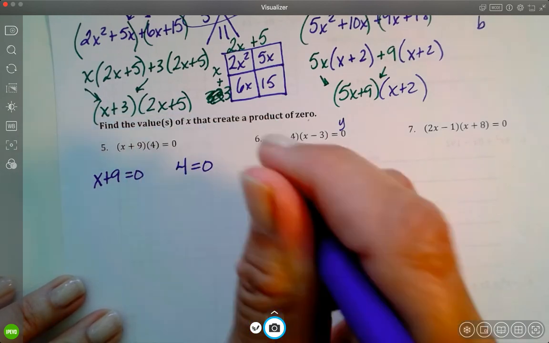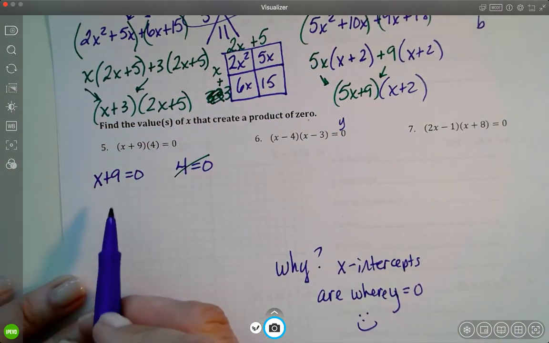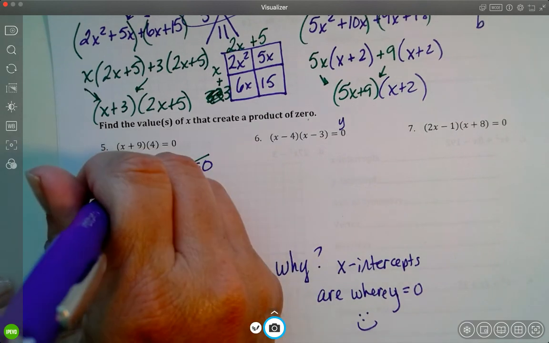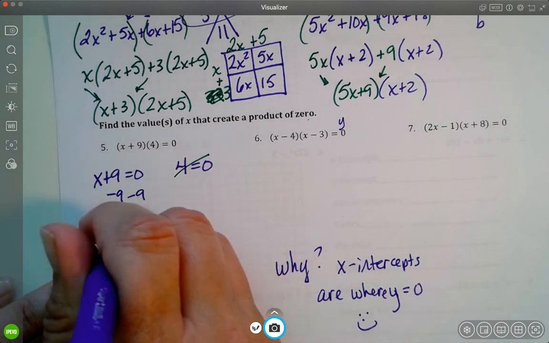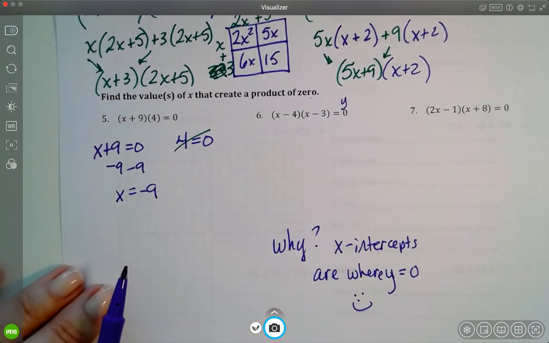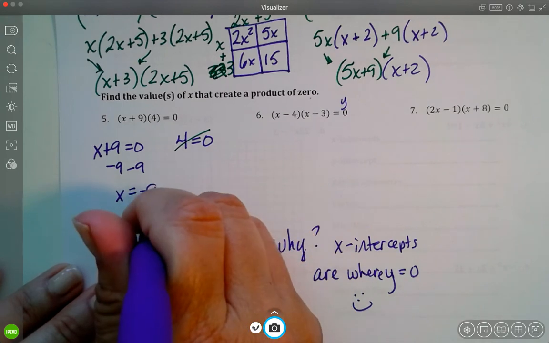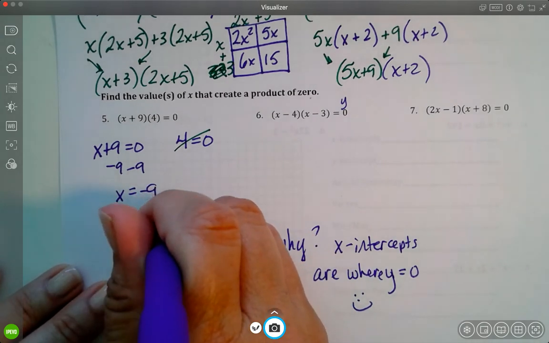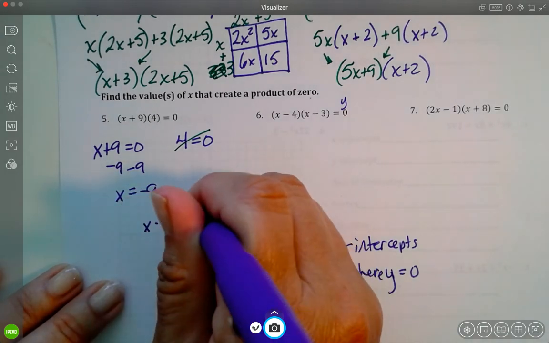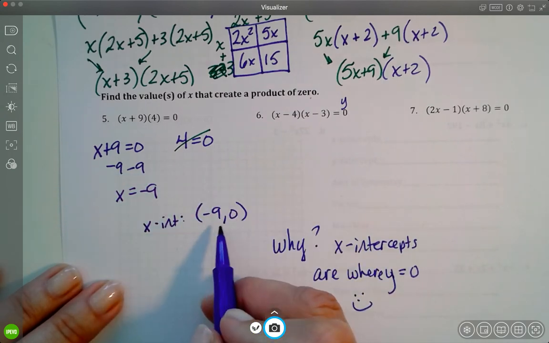Well, we already know that 4 doesn't equal 0, so we're going to just solve this equation for x. So I have x equals -9. What does that mean? That means that for this quadratic, if I was going to graph it, I know that I have an x-intercept at -9, 0, right? Because this is my x and the y was 0.